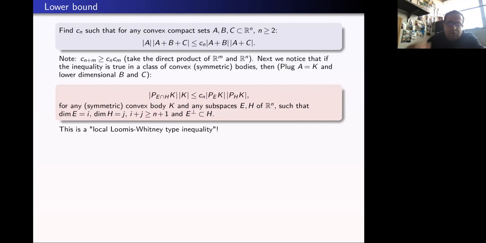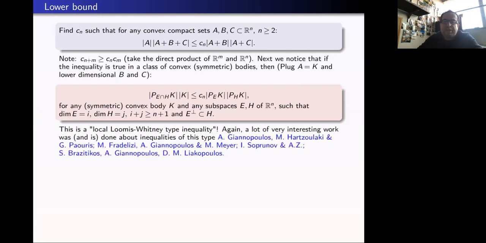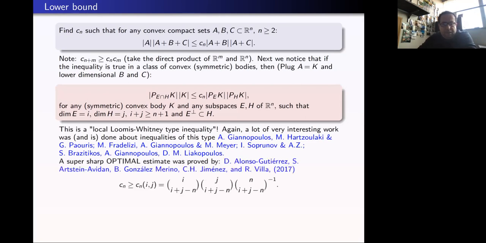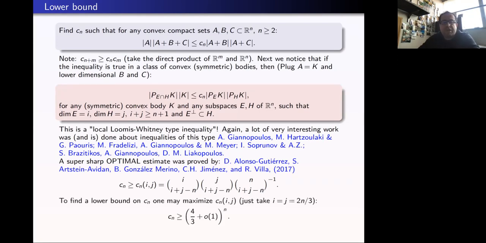And it's again a local Loomis-Whitney type inequality, which was studied by many people. There are some awful constants, but which are precise, to our luck. And from these awful constants, you can create the bound of Cn.